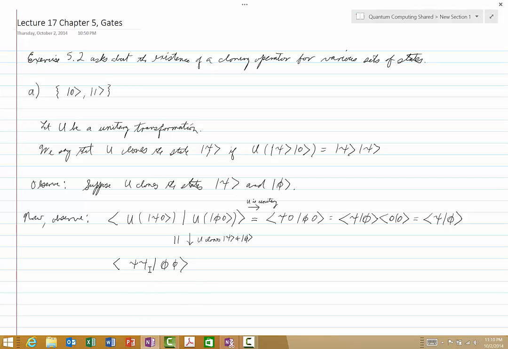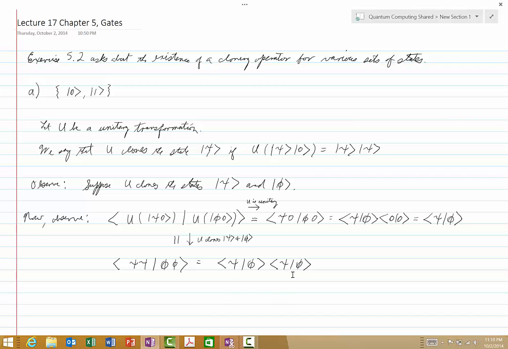Okay, now, using the definition of the inner product for a 2-qubit state again, just as we did in going from here to here, we can do that again here, and we will get the inner product of psi with phi times the inner product of psi with phi.